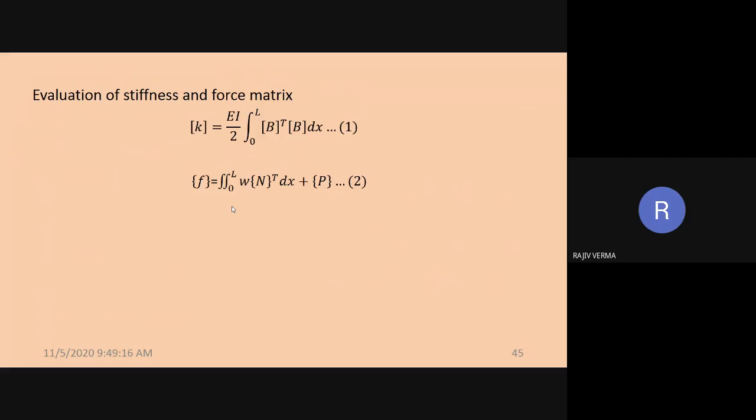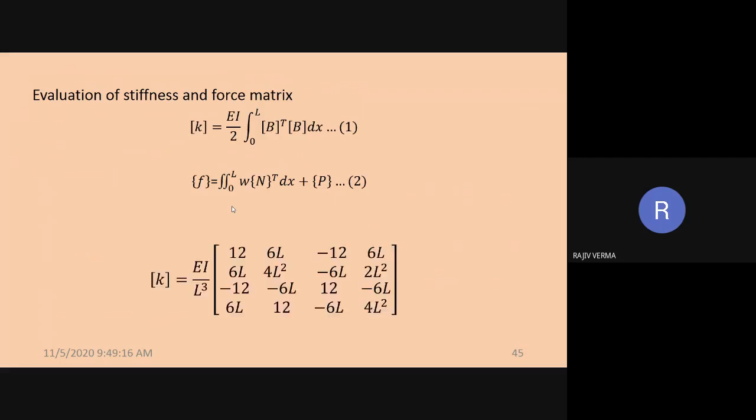Here we are simply going to substitute the matrix B in equation number 1, and this is going to give us the stiffness matrix, which is on display now. Basically, it is the same matrix which we have derived earlier using the other approaches. But now the derivation has been done using the potential energy method.